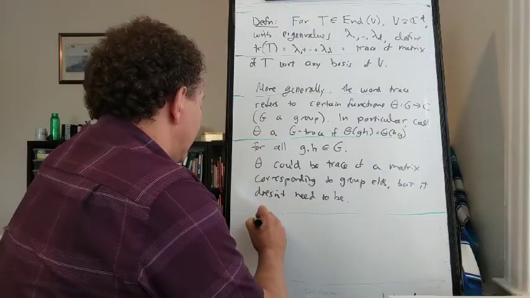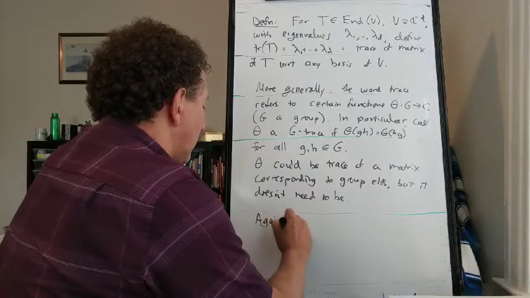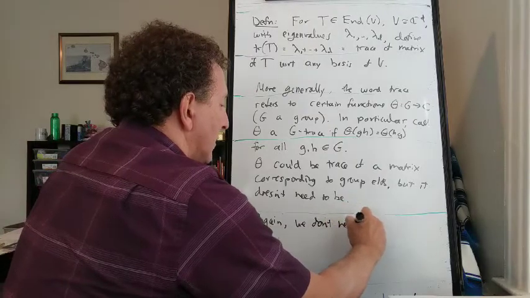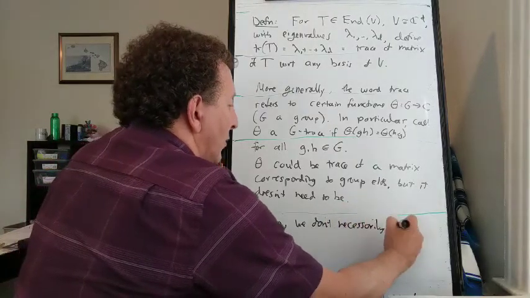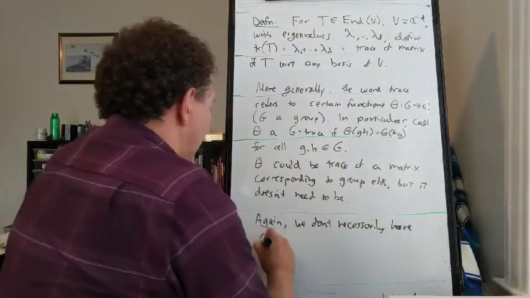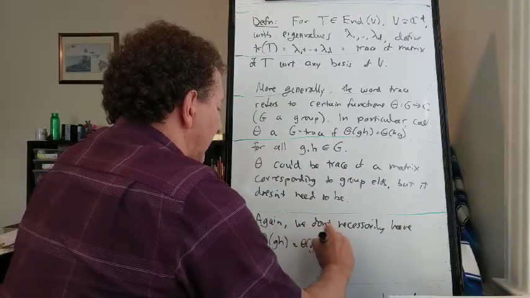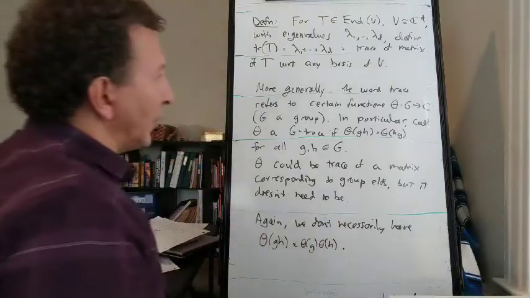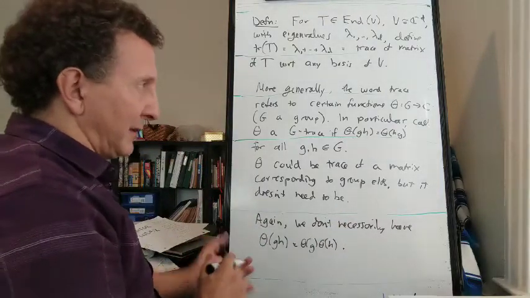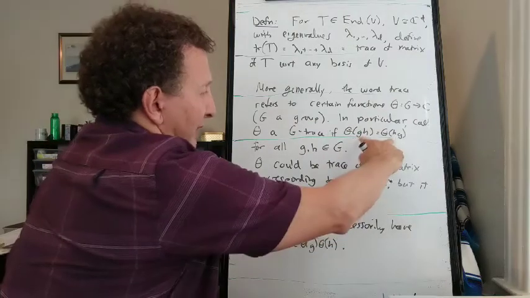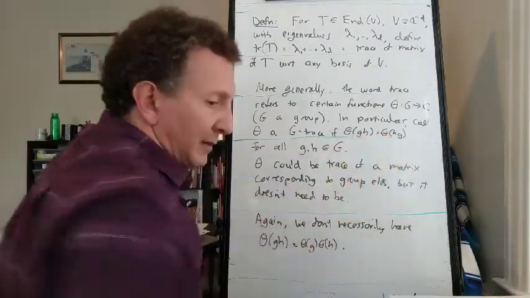And again, we don't necessarily have theta of GH equal to theta of G times theta of H. So it's not necessarily a homomorphism from the group to the complex numbers. All we have is this property that theta of GH equals theta of HG.